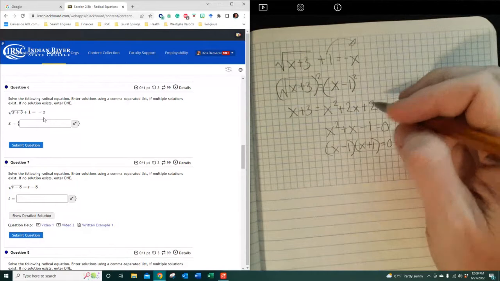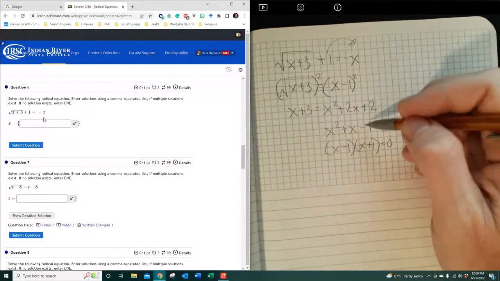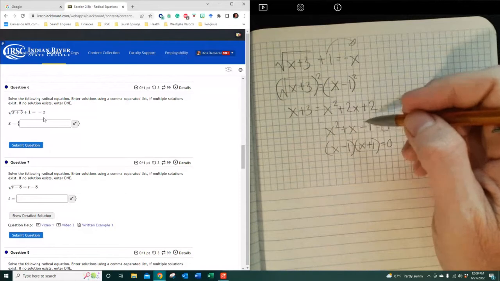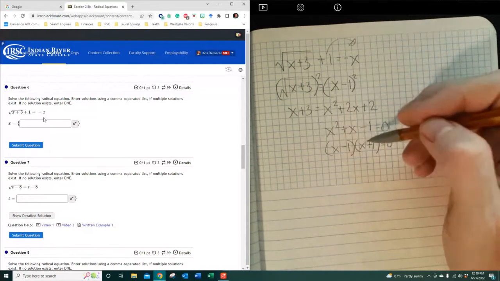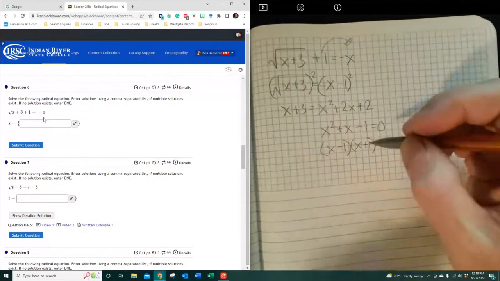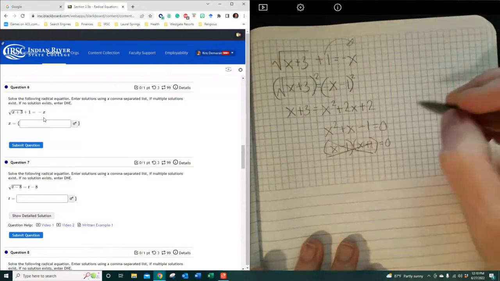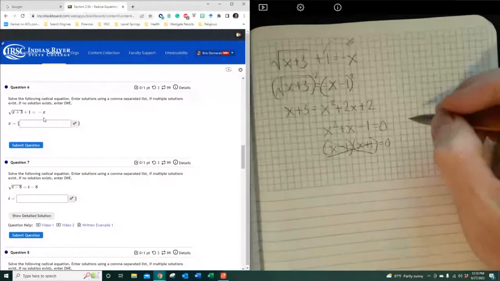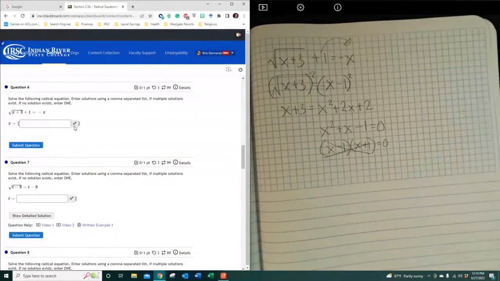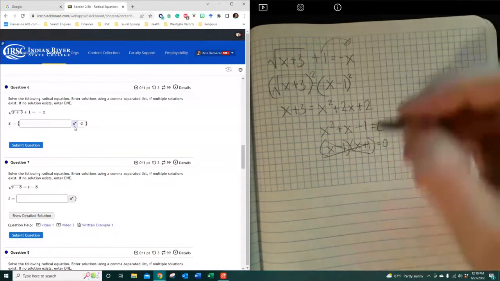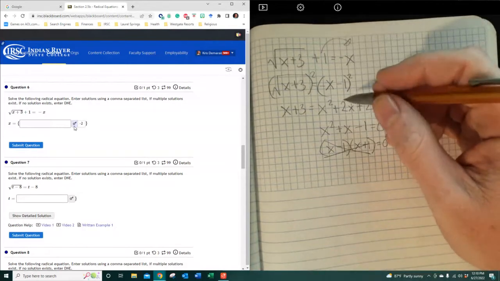Yeah, this doesn't add up to that. Let me see. What did I do? Subtracted that. Subtracted that. Yeah, that does not work for the original equation. So this doesn't work because that's not the factor form of that. You're going to get some weird answers. It doesn't seem like it's working right. Let me see, what did I do wrong?